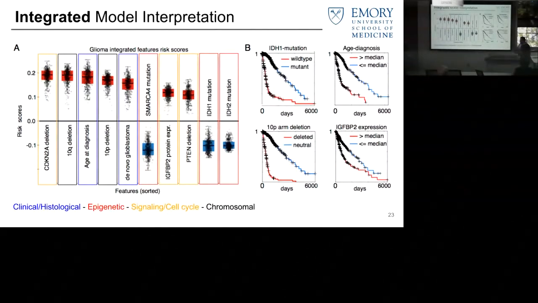These are all expected. You see epigenetic alterations, IDH indicating lower risk, i.e. better survival, and alterations related to epigenetic changes in the cell, changes to cell signaling molecules and mutations, and chromosomal features.